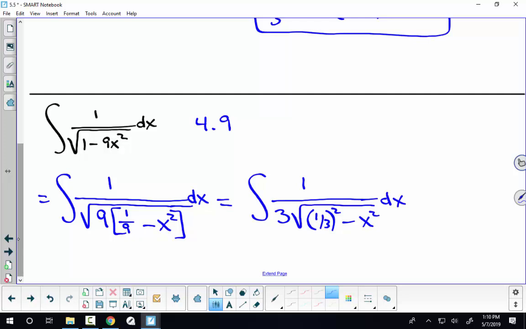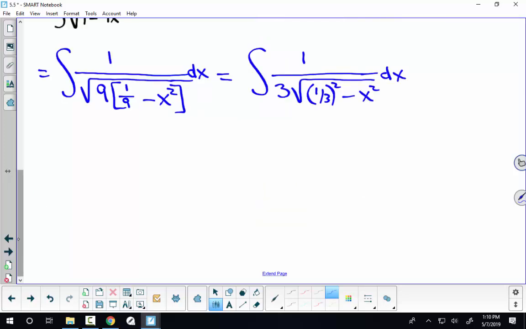I think there were a couple like this in 4.9's homework, if I'm not mistaken. So what we're looking at now is table 4.9, I don't know what number it was, with A equal to 1/3.